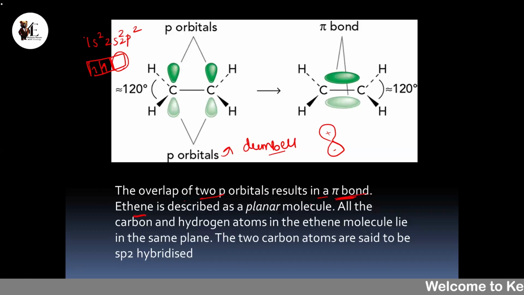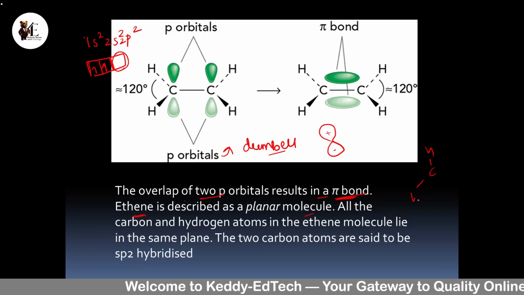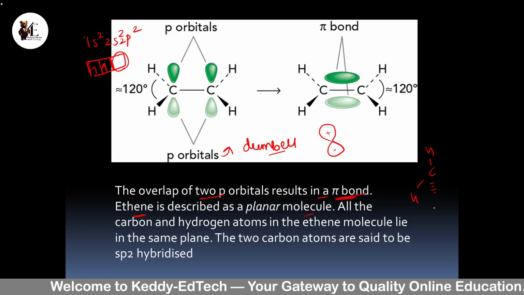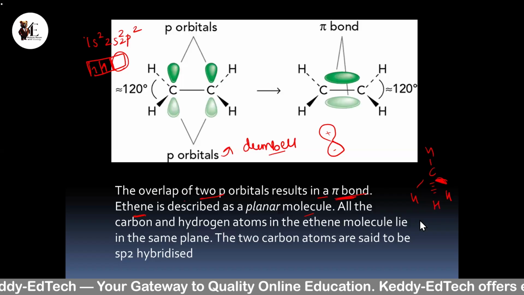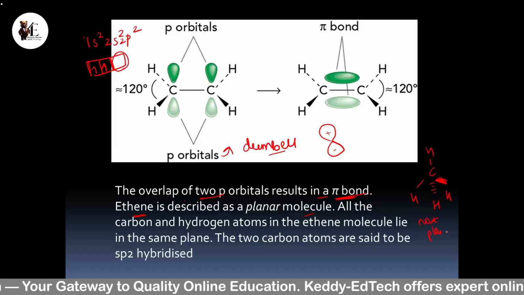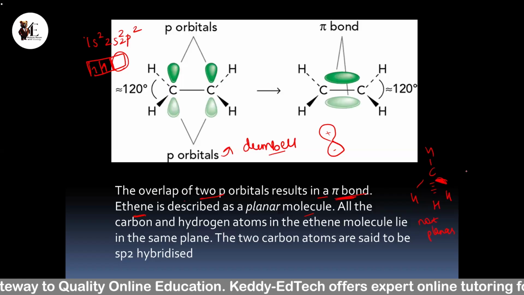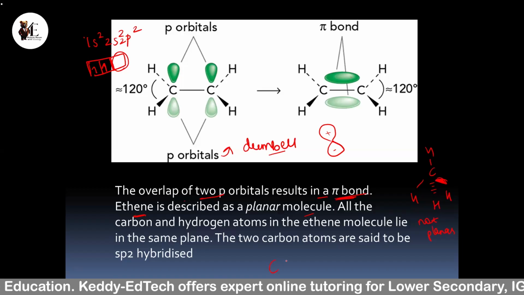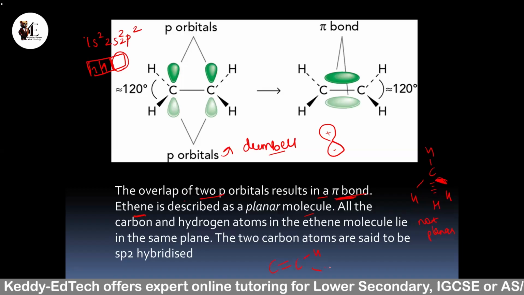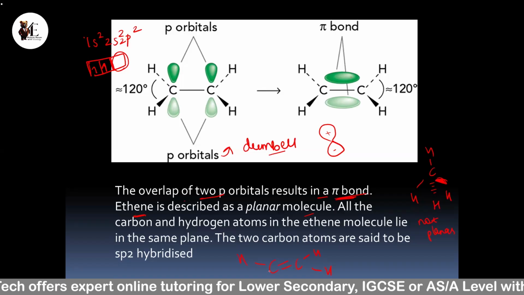Ethene is described as a planar molecule. Remember that when you are drawing methane, two hydrogens are in the plane, one hydrogen is below the plane and one hydrogen is above the plane. So it is not planar. It doesn't lie in a plane. But in ethene, you are drawing it without hydrogen atoms above or below the plane.